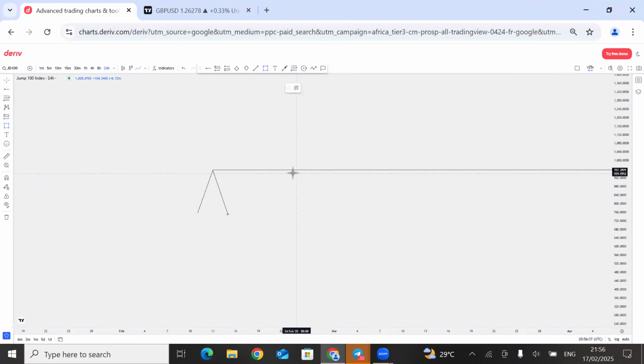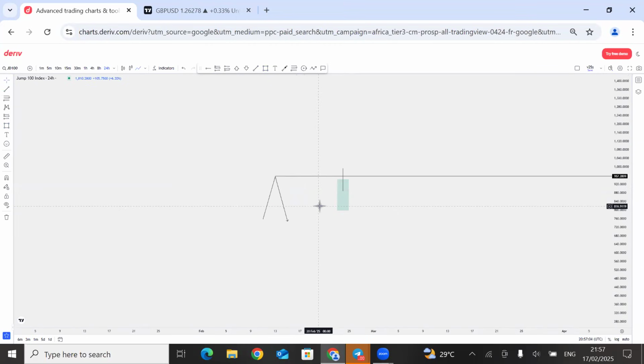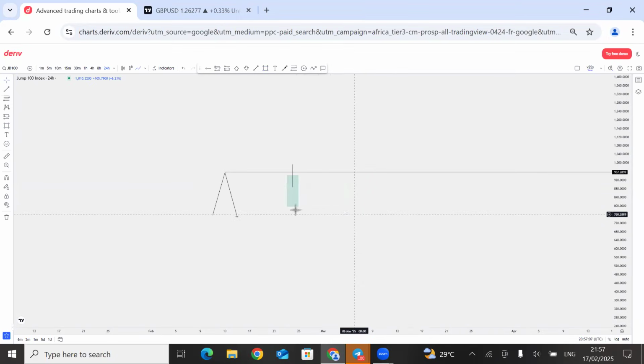A candle, on the same time frame, that comes and taps into this key level with a wick like this, or taps into the key level with a wick and closes below the key level. It should close below the key level. So let's say we're on the daily or weekly time frame, and price closes below this key level like this.